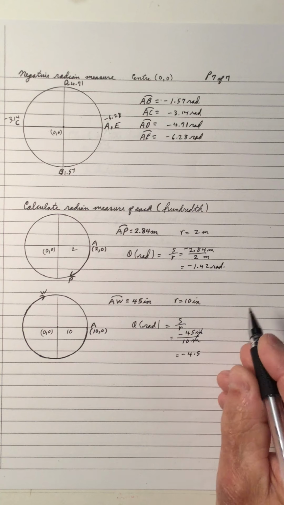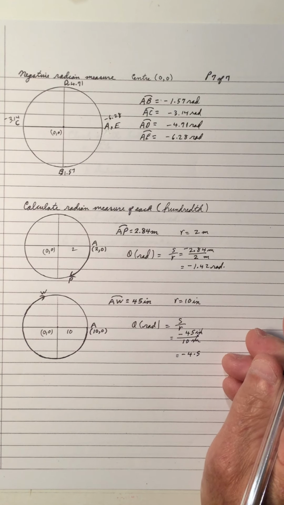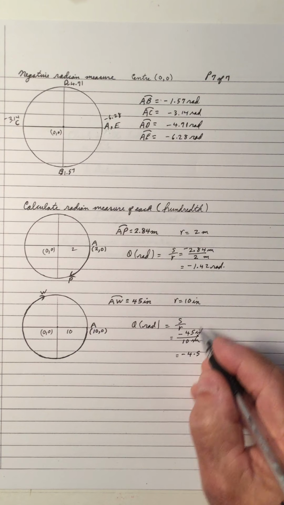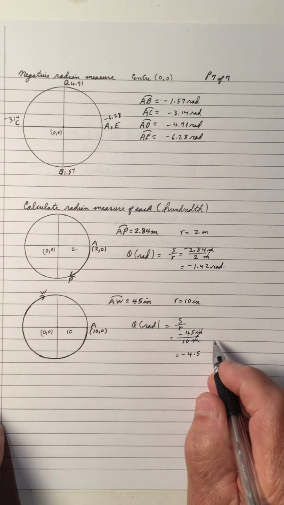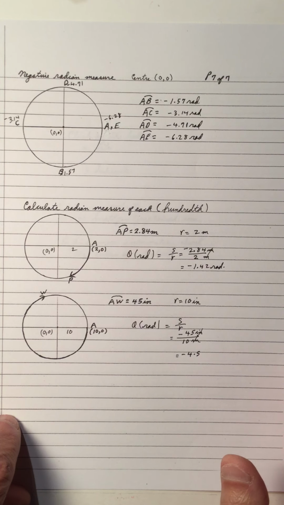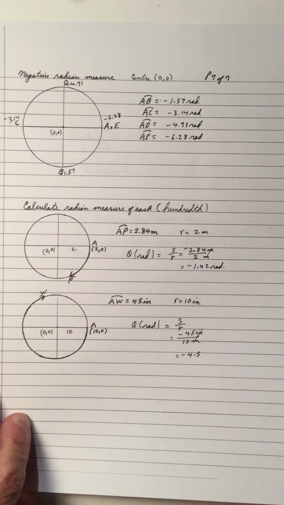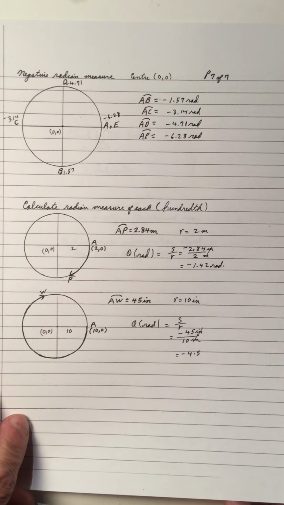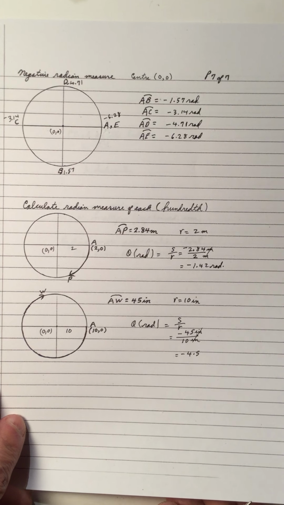The inches cancel out. Notice radians have no length to them. Because the inches cancel out, the meters cancel out. So radians is just 1.57, 3.14, 6, etc. So that's the introduction to the concept of a radian in trig. Hopefully you understand.